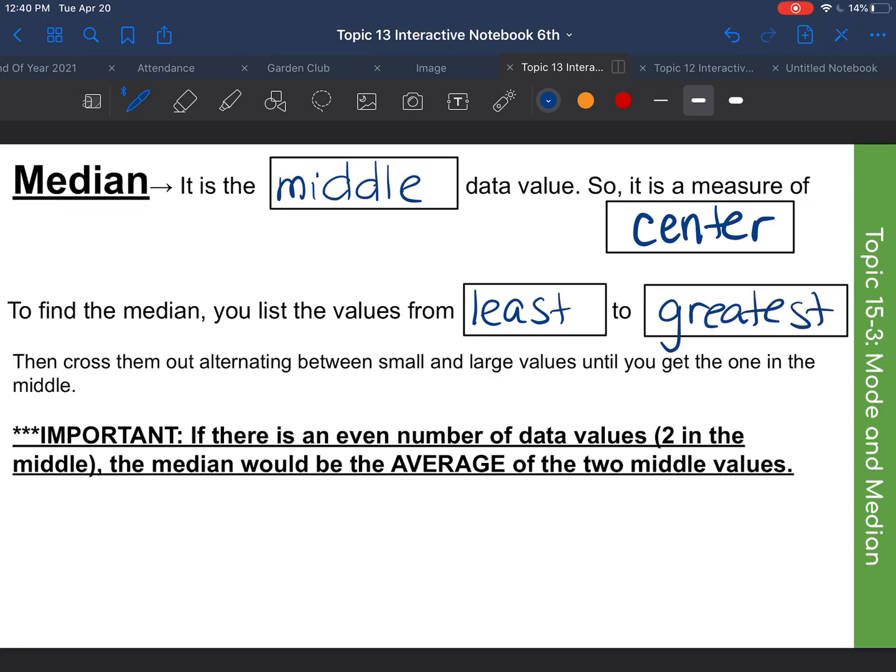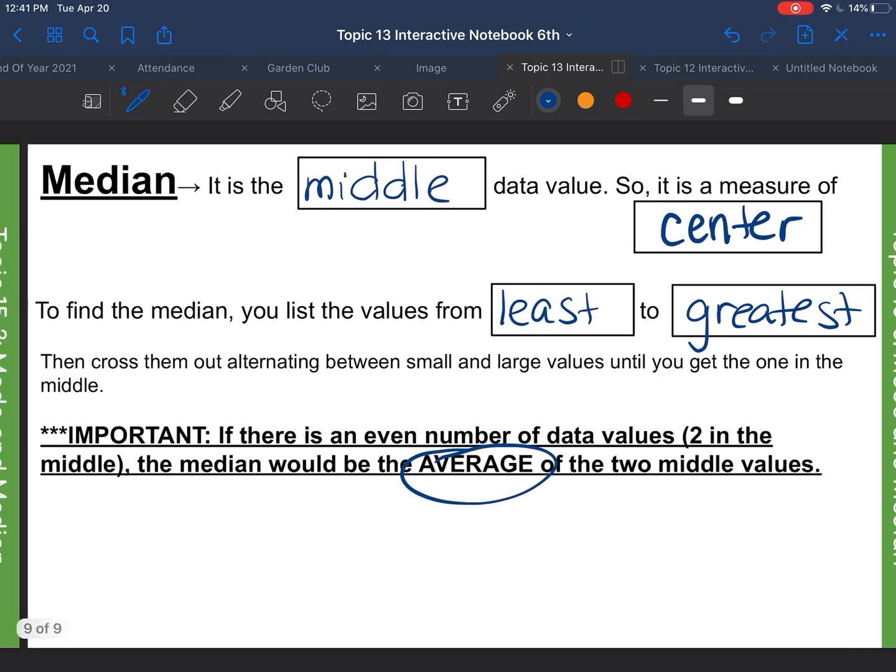Then we cross them out, alternating between small and large values until you get one in the middle. It's really important: if there is an even number of data values, meaning there are 2 in the middle, which in this case we're going to have because we have 30 total values, the median would be the average of the 2 middle values.